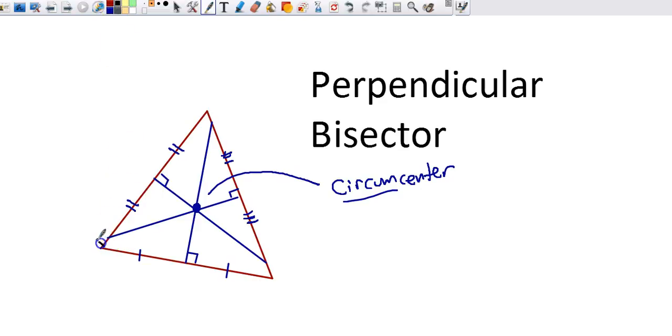So if I draw a circle, we call it circumscribing the triangle. And I'm not the best at drawing these, but I'll do what I can.